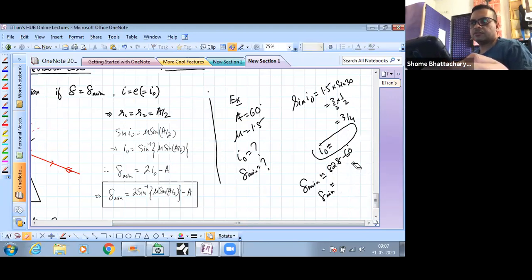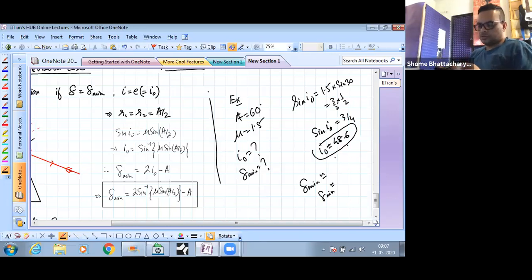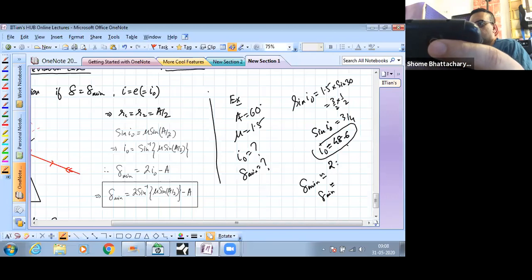This will be a different value. Sine I naught is equal to 3 by 4 will give us this. So now double of this minus 60 will give us about 37.2. I naught minus A will give us minimum deviation about 37.2 degrees. So the values change slightly.